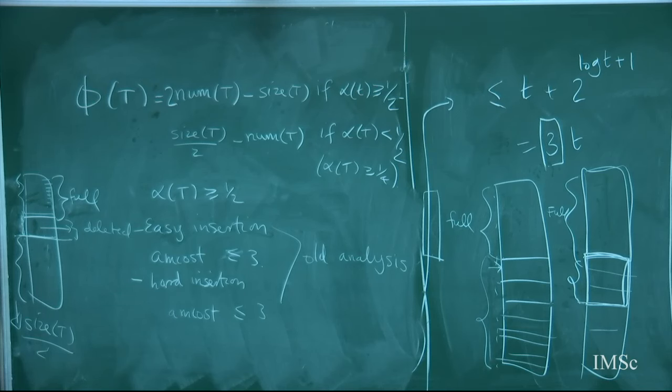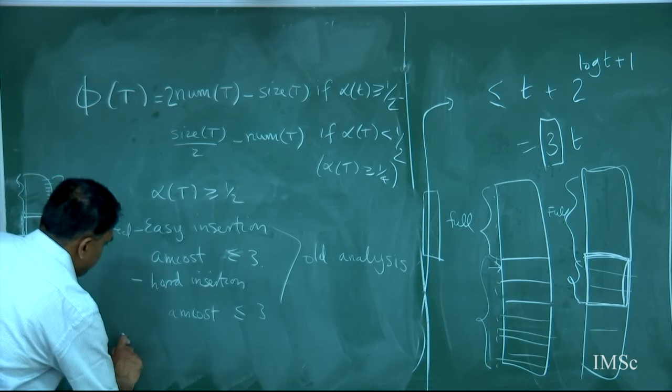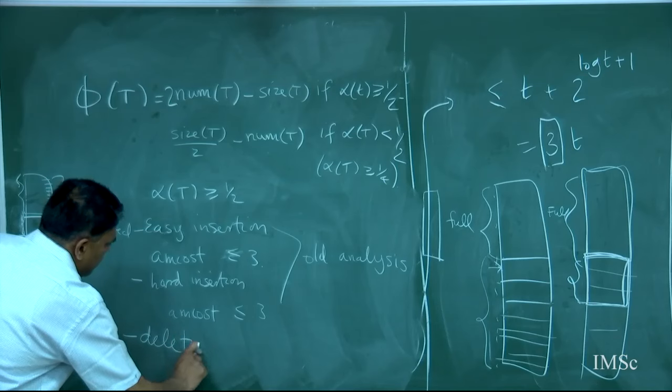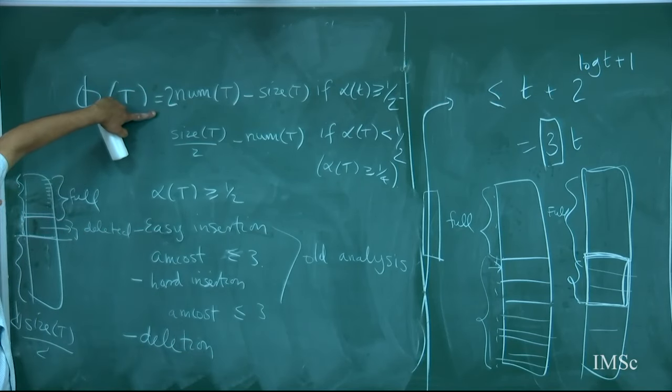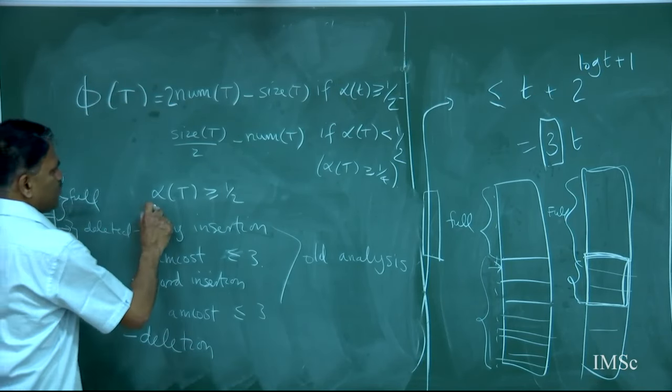Deletion will be even easier here because alpha t is greater than or equal to half. It's only easy deletion, because one deletion will not bring it down to 1/4. So easy deletion is when the number of elements decreases by 1.